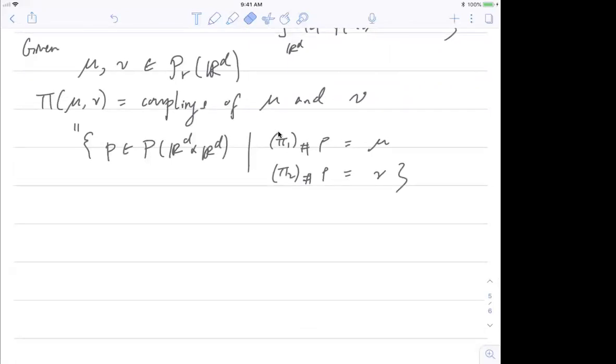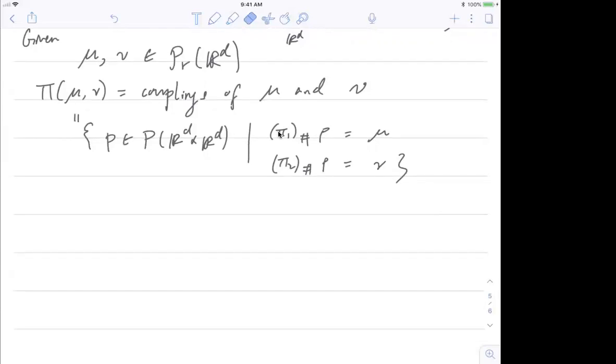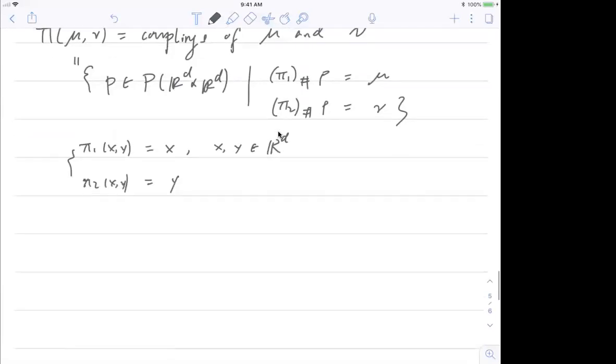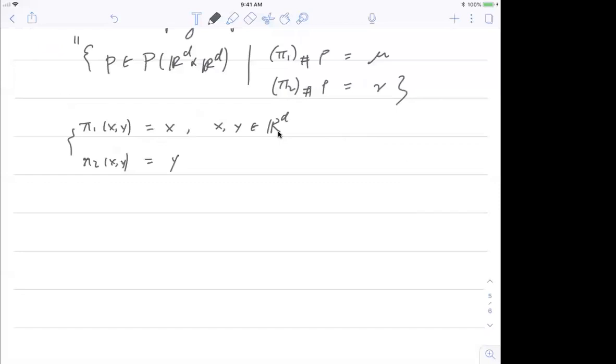What does this projection really mean? The projection pi_1 of (x, y) is just x, where x, y are in R^d, and pi_2 of (x, y) is just y. Or you can think of it in the following way. Take two test functions, phi(x) plus another test function psi(y).